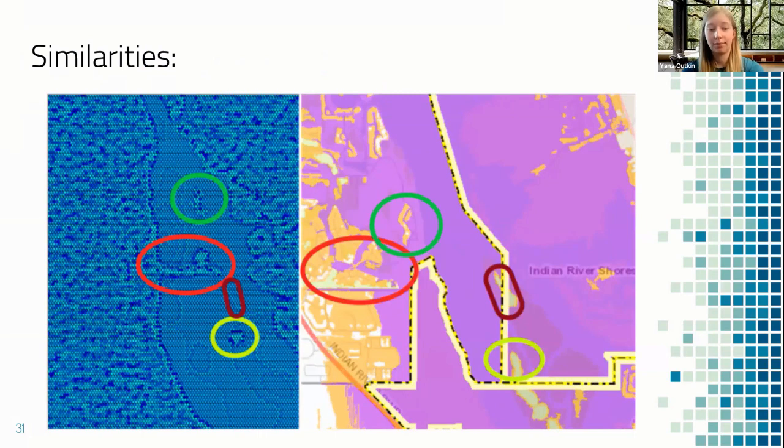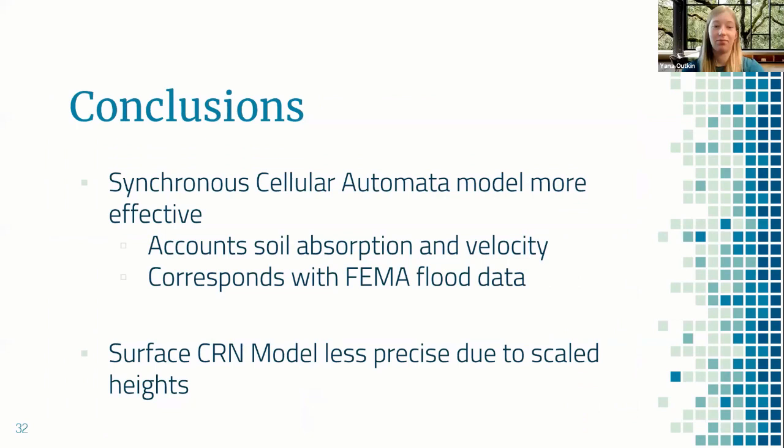Okay. So the conclusions. The synchronous cellular automata model resulting from modifying the simulator is more effective than the surface CRN model at predicting flooding regions. It's interesting that this simple model, accounting mainly for the velocity of the water, the slope between two cells, and the impact of soil absorption, is consistent with FEMA flood maps.